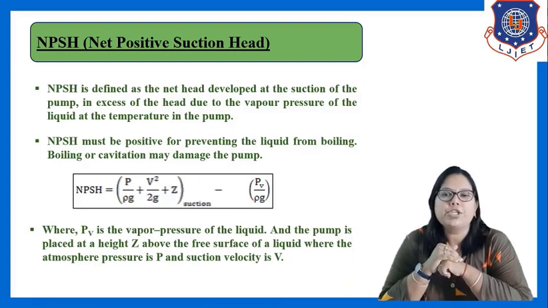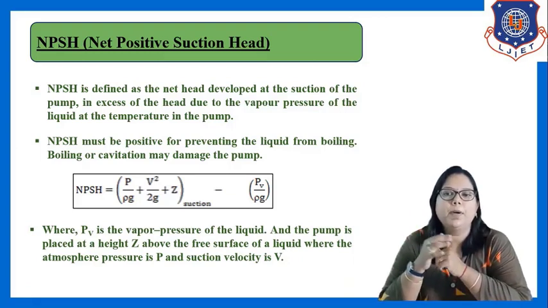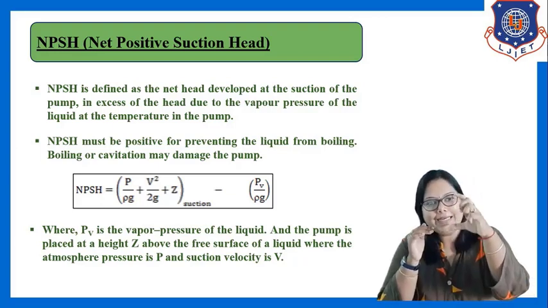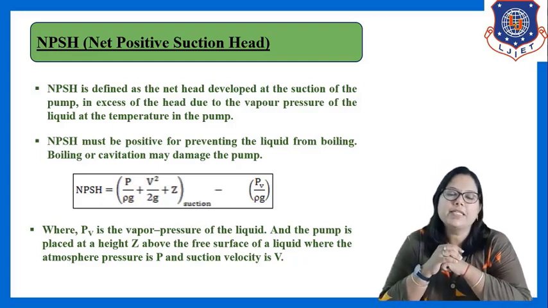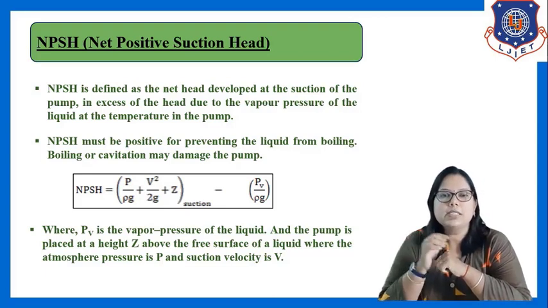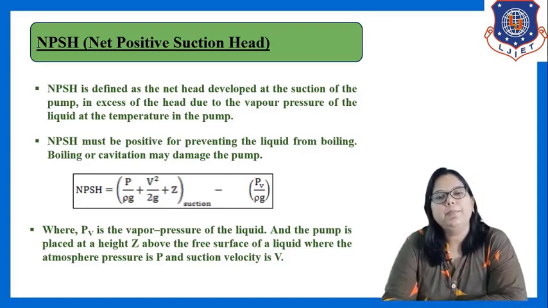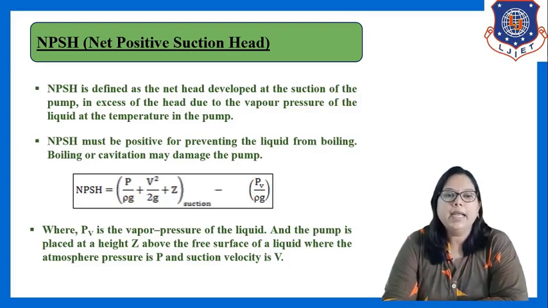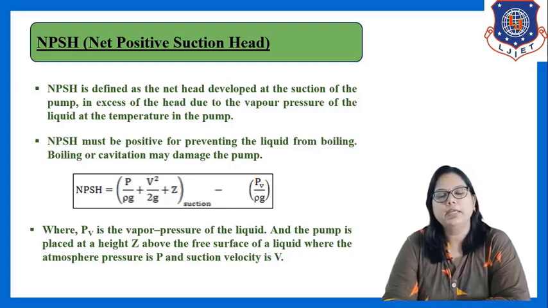PV is the vapor pressure of the liquid and the pump is placed at height Z above the free surface of the liquid, where the atmospheric pressure is P and suction velocity is V. So, this is the formula to calculate NPSH, that is net positive suction head. By this formula I can calculate net positive suction head.